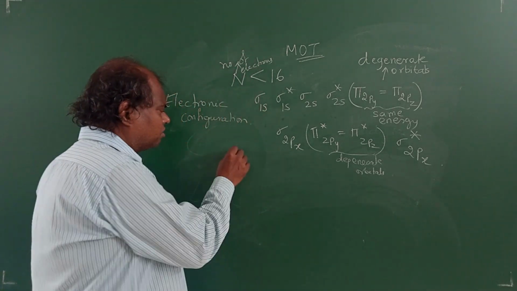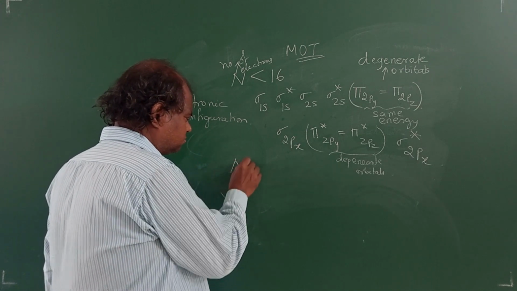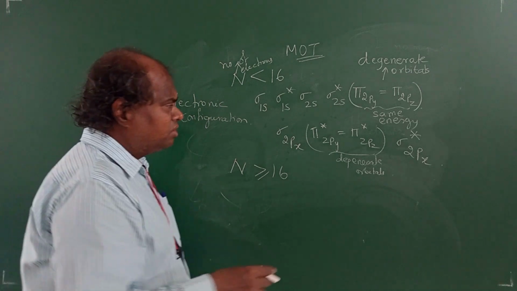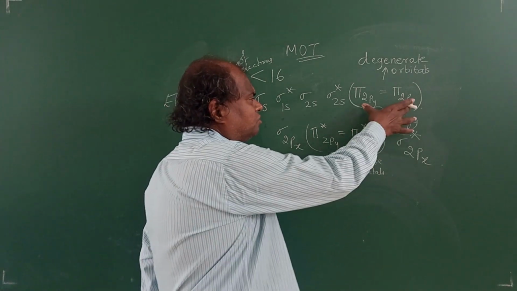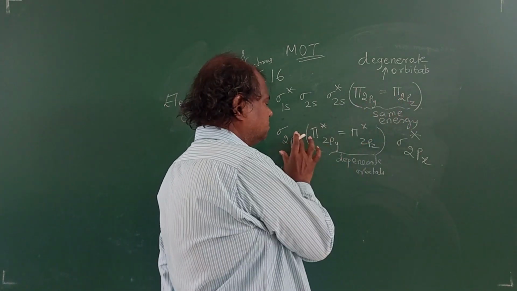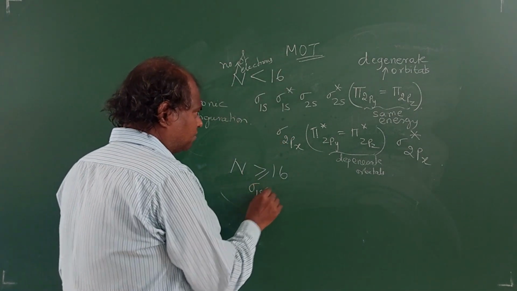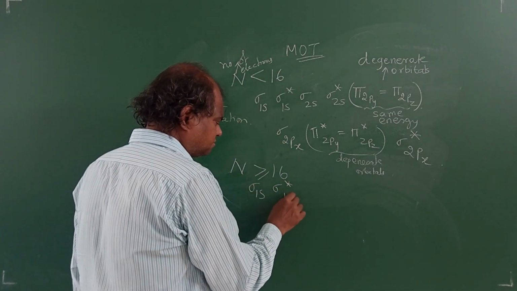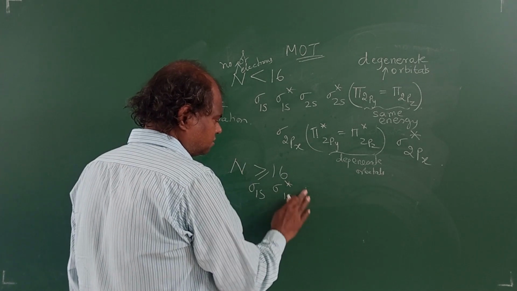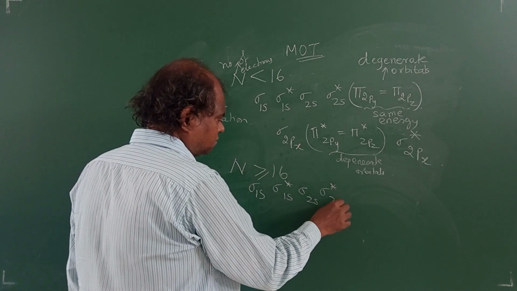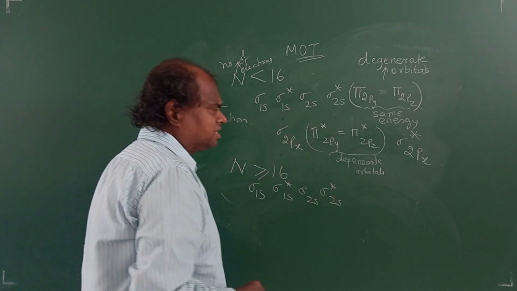If n is greater than or equal to 16, then the order will only change here, students. It will change only this part and this part. Just observe carefully how I'm writing. Sigma 1s, sigma star 1s, all this will remain the same.